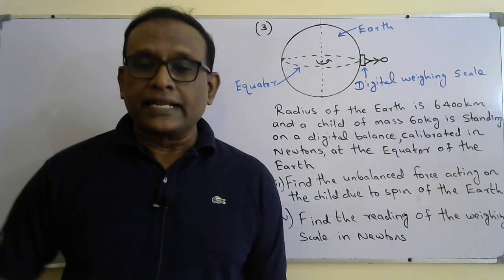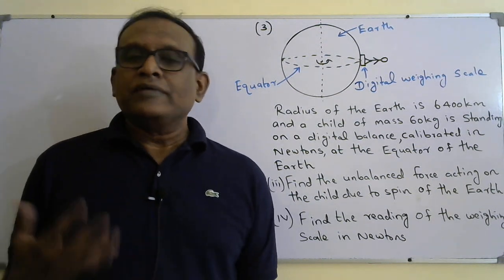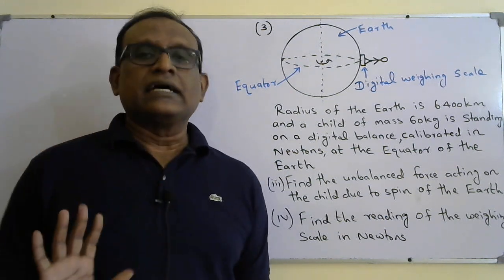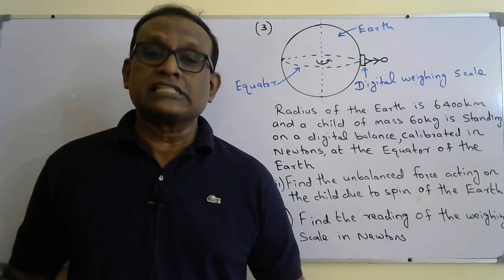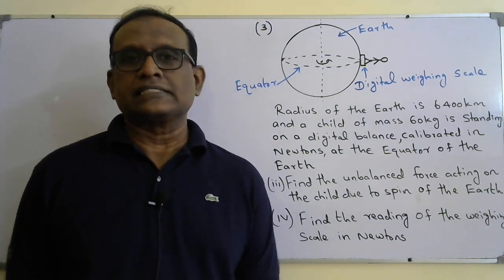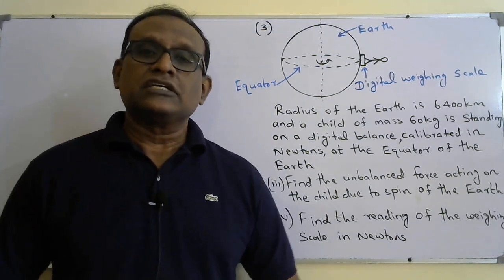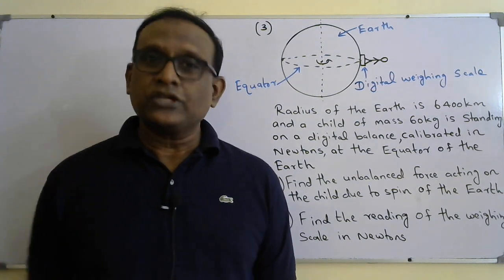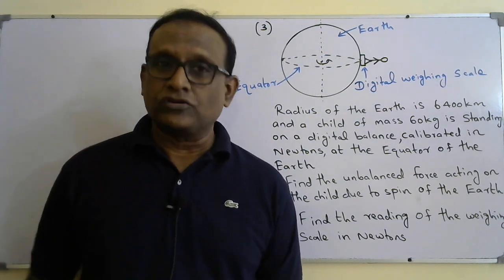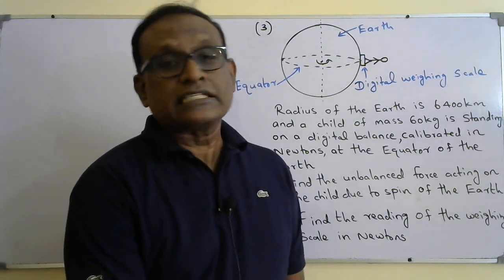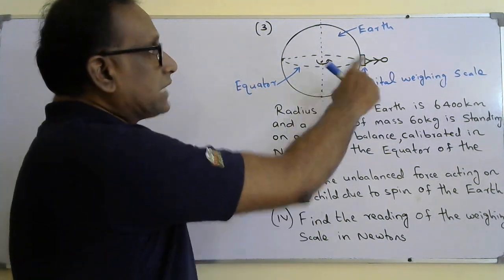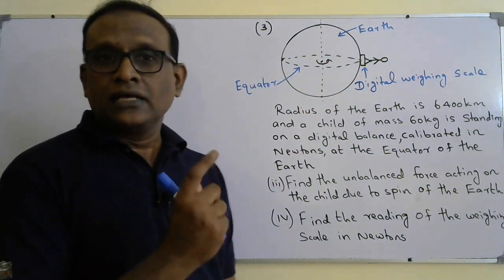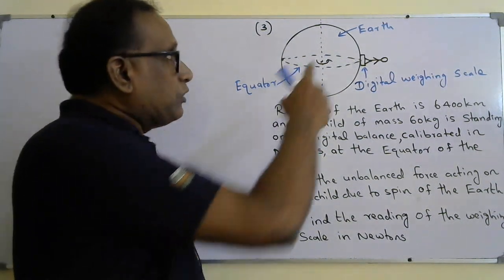Normal reaction will balance the weight, because when we learn mechanics without circular motion, when we learn just the condition for equilibrium, we say when a person stands on the ground, the resultant force acting on the person will be equal to 0. There we don't consider the spin of the Earth, but when we consider the spin of the Earth, actually there will be an unbalanced force, because the child is moving on a circular path standing at the equator of the Earth.